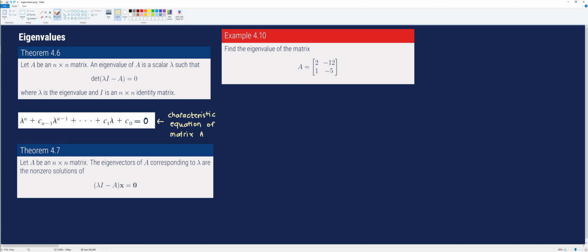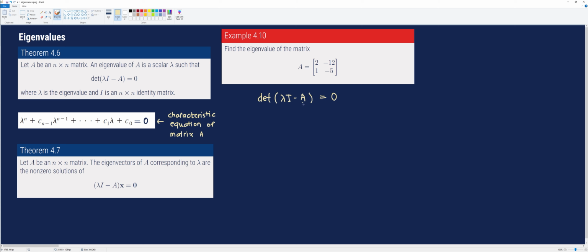Find the eigenvalues of the matrix A, whose elements are 2, negative 12, 1, and negative 5. The first step in finding the eigenvalues is to identify the characteristic equation of A. We start by stating the theorem: determinant of lambda I minus A is equal to 0.